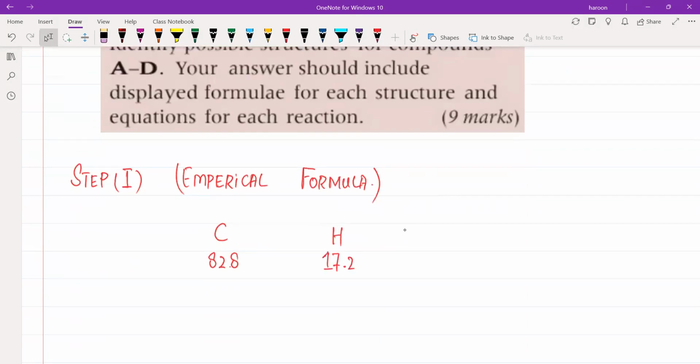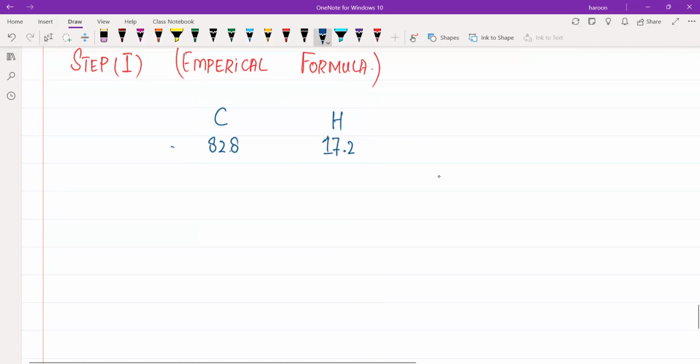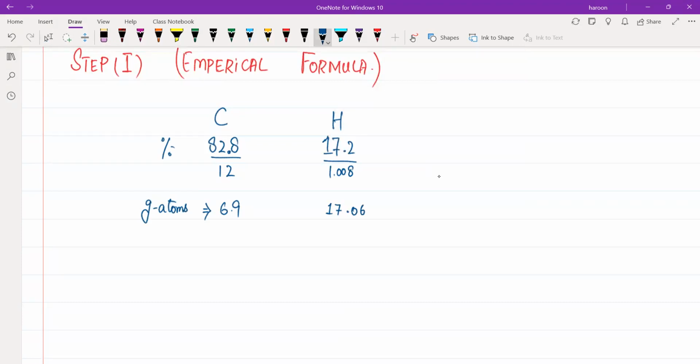So we divide these percentages by the atomic weights. 82.8 divided by 12 is 6.9. And what about hydrogen? It's almost 17.2, so 17.06. Now, which one is the smallest number?